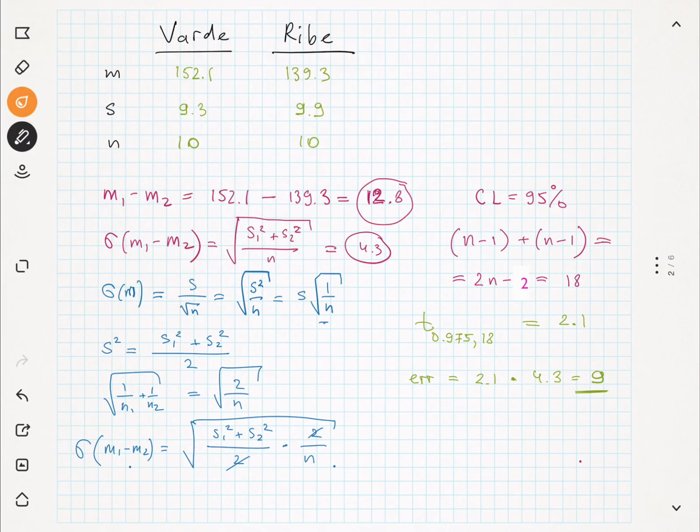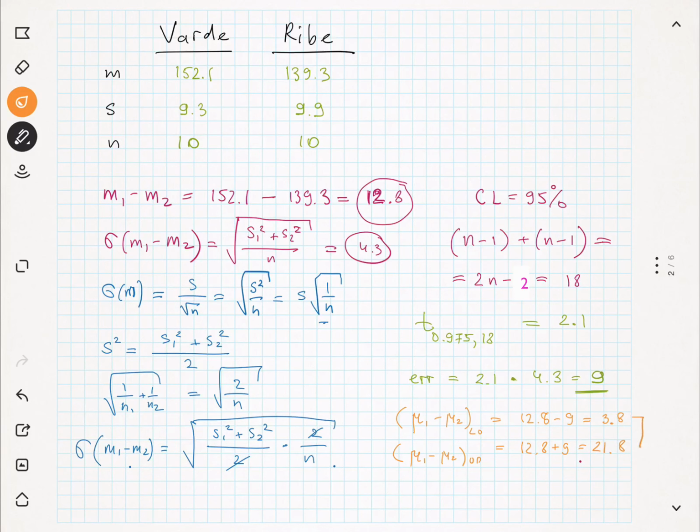Now the confidence interval. We can calculate the lower boundary of mu1 minus mu2, the smallest possible, which is the real value 12.8 minus 9, which gives us 3.8. So that's the smallest possible difference. Then the largest possible difference, mu1 minus mu2 upper, is 12.8 plus 9, which gives us 21.8.